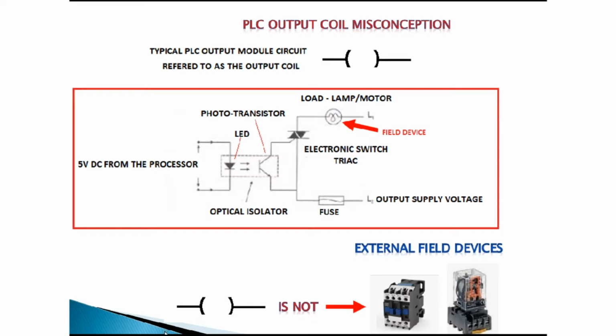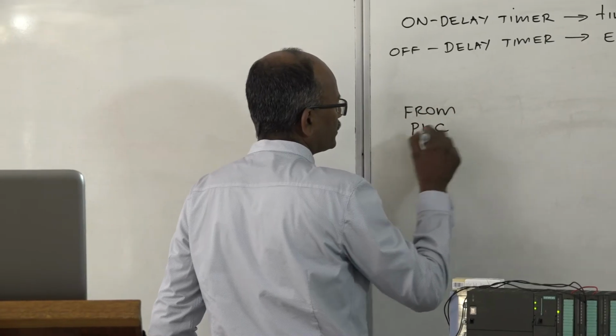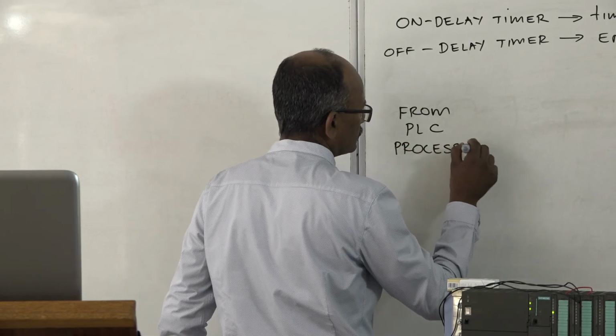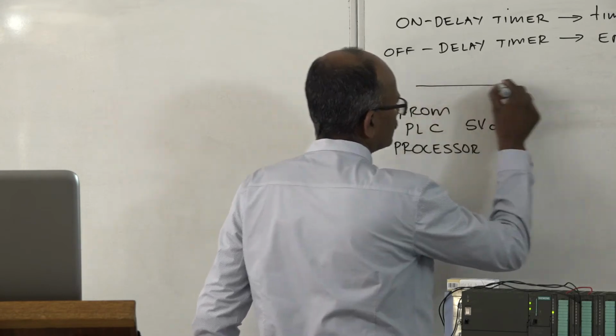I just want to explain what this actually represents. This is from the PLC processor, which is your 5 volts DC, okay?